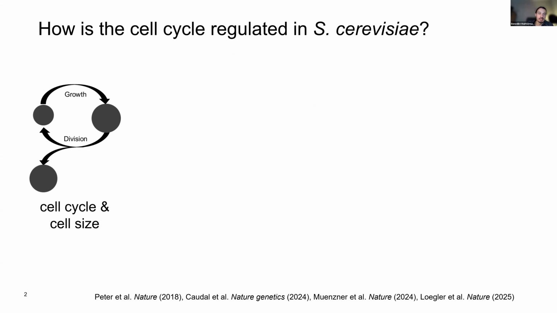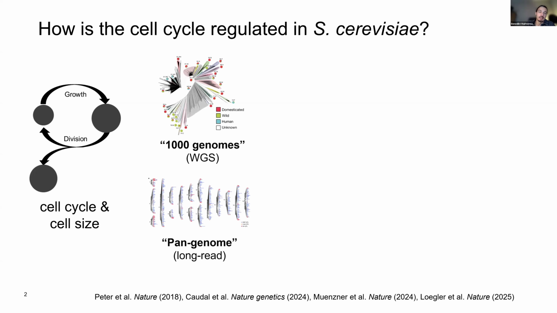And if you think about it, the way cells manage to regulate their size is by regulating growth against division in the cell cycle. What we found at the beginning of my PhD, and what was the initial motivation, was that most of what we know about this is found by looking at several lab strains like W303 or S288C, but we don't really branch out to the species of S. cerevisiae.